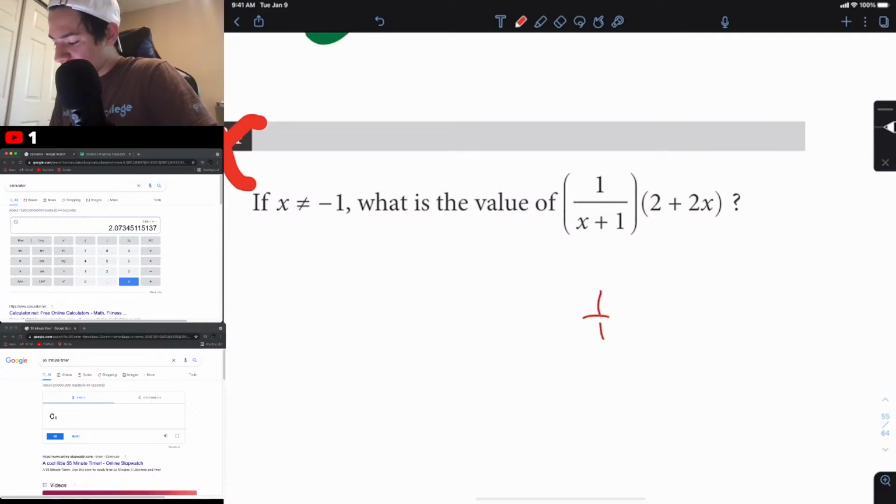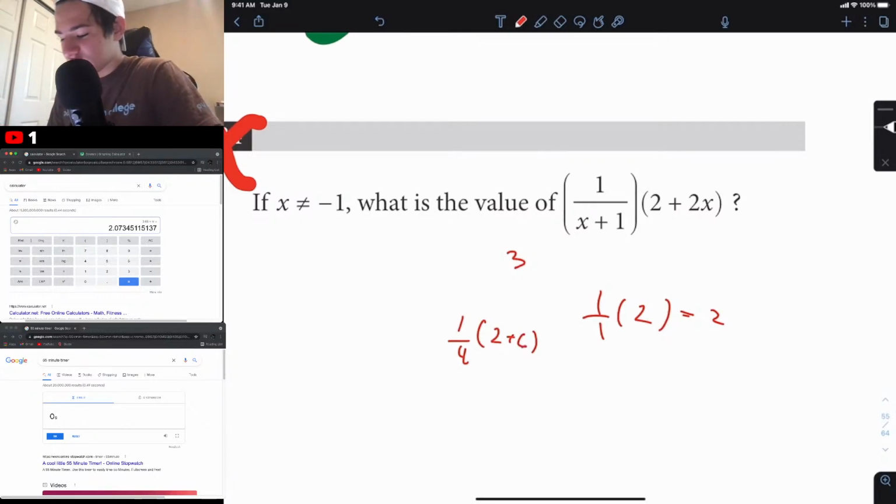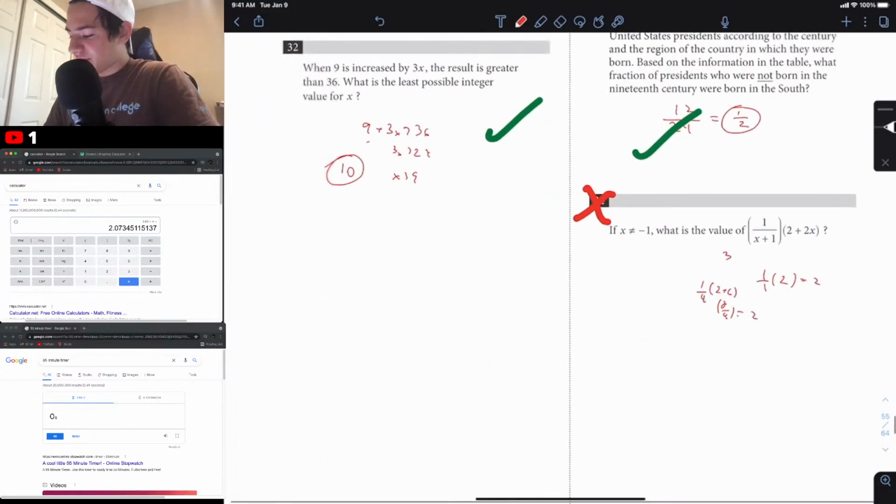Okay, so 1 over 1, if we plugged in 0, times 2 equals 2. Okay, how about if I plugged in 3? So it'd be 1 over 4 times 2 plus 6. Oh, it is. It's 2 every time, no matter what. Because then it'd be 8 times over 4, which is 2. Man, that was easy.